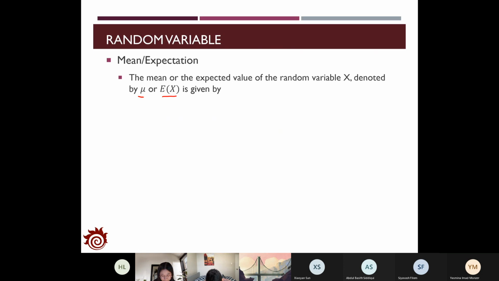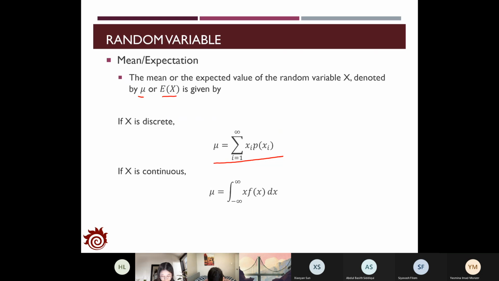If it's a discrete random variable, we can use this equation, the summation of x_i times p(x_i) over all the possible values. That will give you the mean value. If it's a continuous random variable, we do the integration from -infinity to infinity of x times f(x). So that's how we get the mean value.